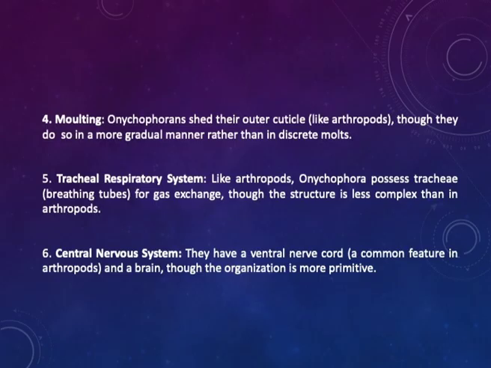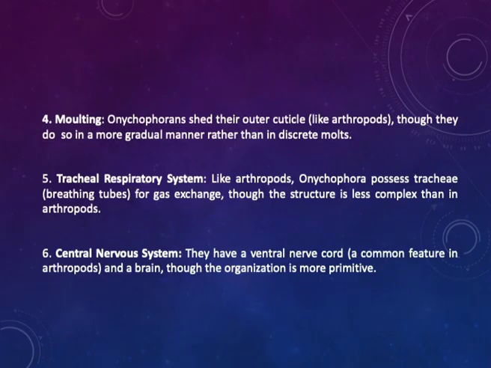Onychophora possess trachea, breathing tubes. Trachea means breathing tubes for gas exchange. Trachea is used for gas exchange in Onychophorans, though the structure is less complex than in arthropods.